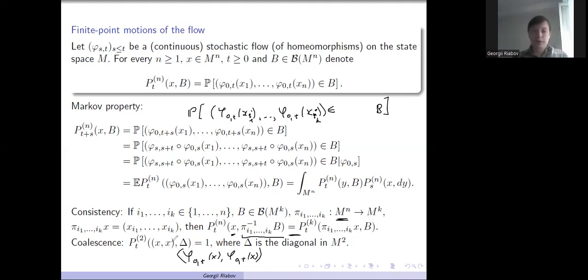In other words, the transition function P2 that starts from the diagonal always stays on the diagonal of the state space. Okay, so we have a consistent coalescing sequence of transition functions.